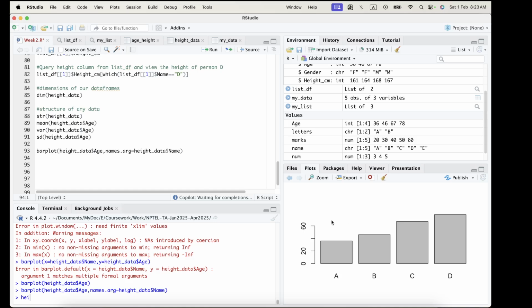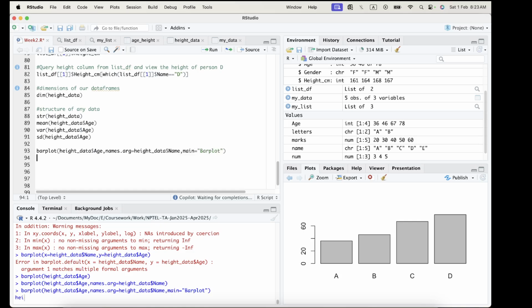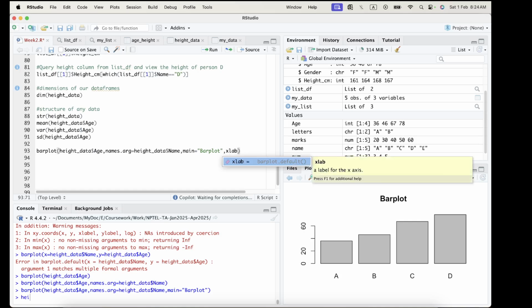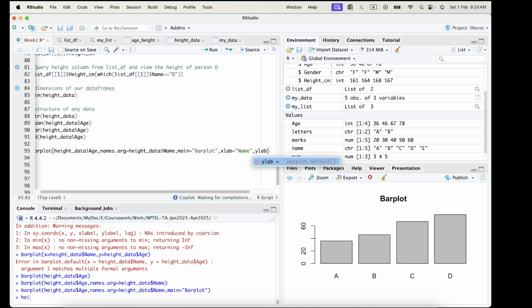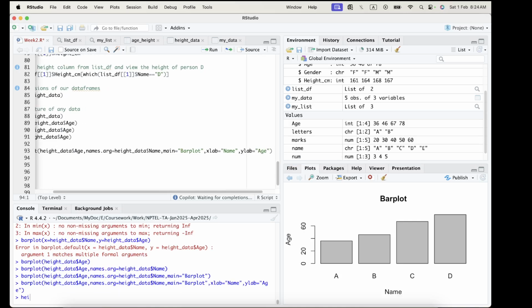If I want to add a title to this plot, I am going to write main and let me write bar plot. If I want to add axis labels, I write xlab as name, and ylab is age. So this is how you draw a bar plot.